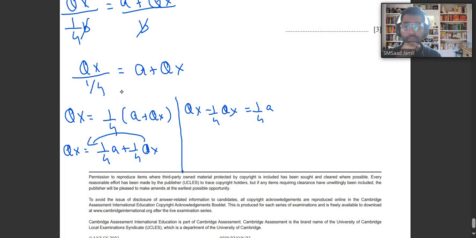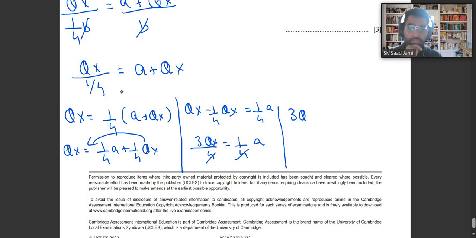So QX minus 1 upon 4 QX is going to become 3 QX upon 4, equal to 1 upon 4 a. 4 gets cancelled out. So 3 QX is equal to a. So in short, QX is equal to a upon 3.